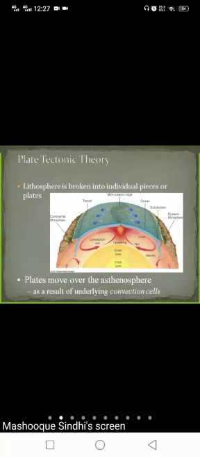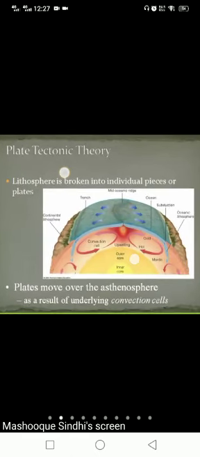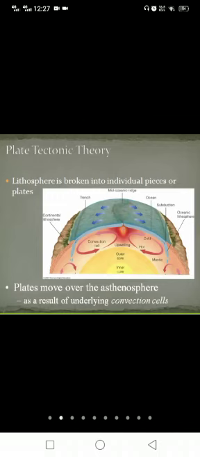Now how are these tectonic plates formed? These plates are part of the lower mantle, uppermost mantle, and the crust. So why are these plates moving, sometimes away from each other, sometimes towards each other, sometimes sliding past each other? Due to convection currents. Convection current means the inner temperature is high and the outer temperature is cold. When we boil water, what happens?